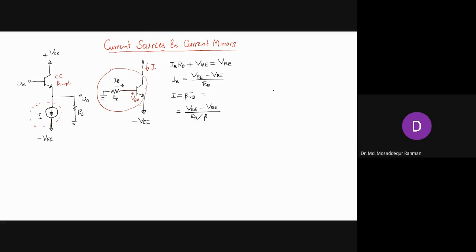There's another way of doing this. Instead of putting the resistor in the base, we can also put it in the emitter, and we can show it like this. And this goes to ground. Minus VEE.